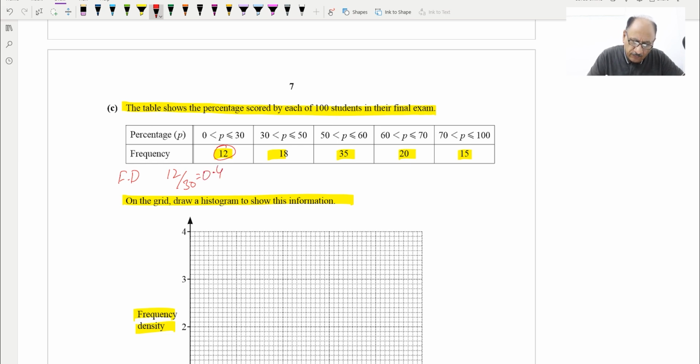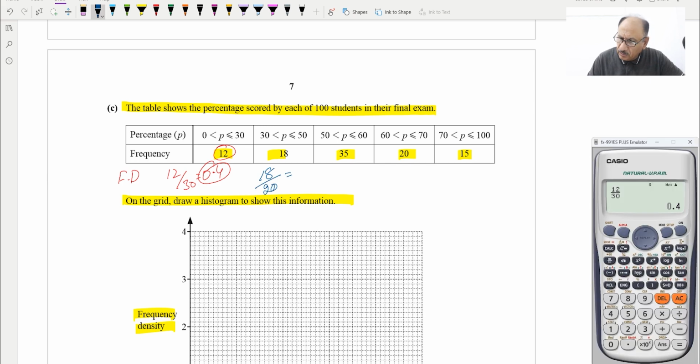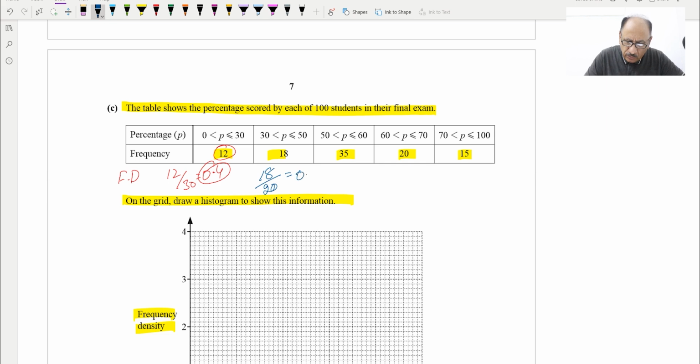So 0.4 will be the frequency density for the first one. Next is 18 over 20, since 50 minus 30 is 20. So 18 over 20 will be equal to 0.9.